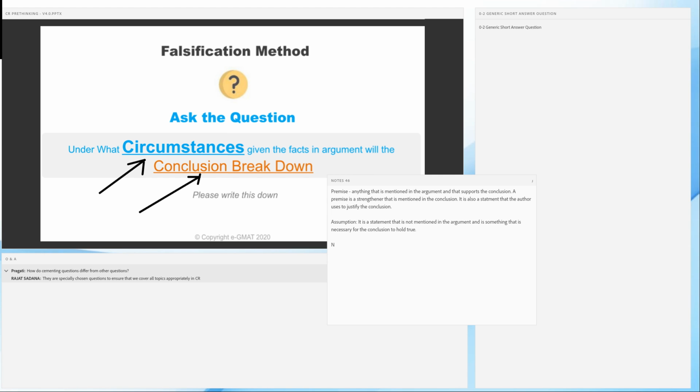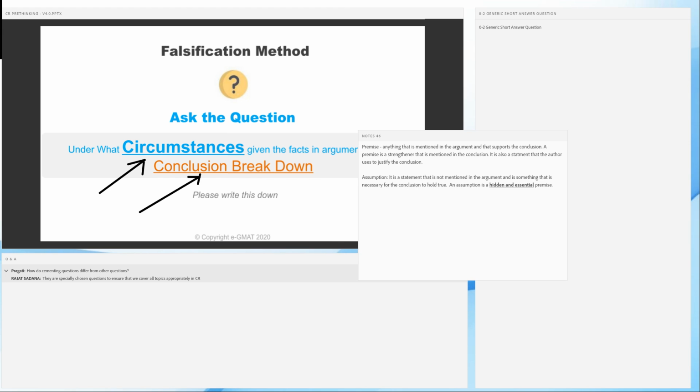In other words, an assumption is a hidden and essential premise. Hidden in the sense that it's not mentioned, so you can't infer it from the logical part of the argument. RB, does that help you understand the difference between a premise and an assumption?